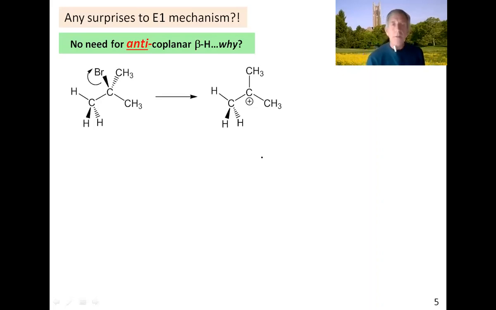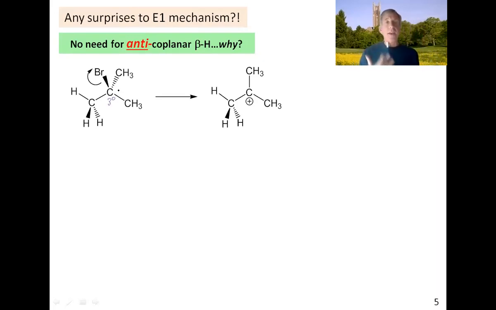So first of all, I might be concerned that this leaving group, this bromide, is a wedge. And none of the beta hydrogens next to it that are drawn here as wedges and dotted lines, none of them are in the same plane as that wedge Br. You'd have to rotate it maybe to get it anti if you wanted to do E2 on this. But keep in mind, this is a tertiary carbon.